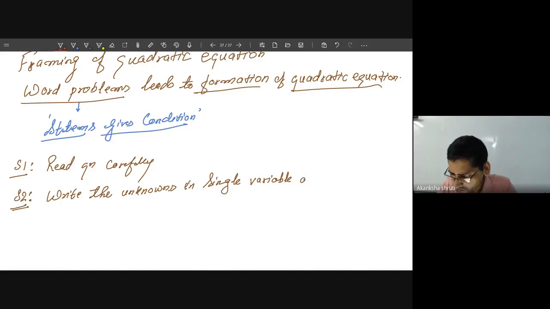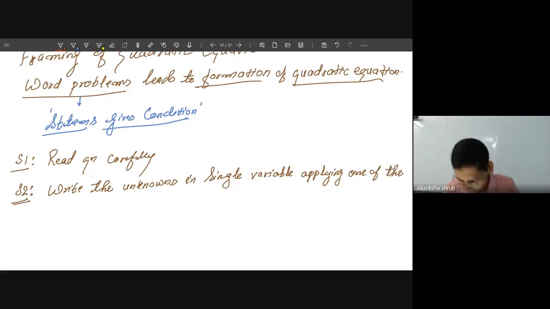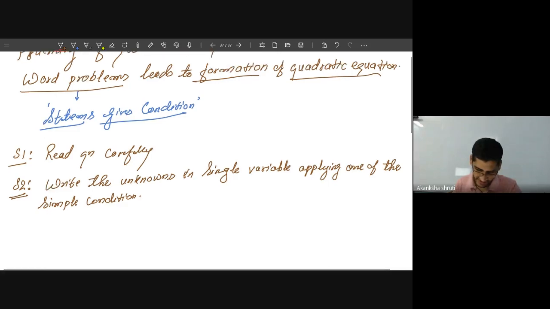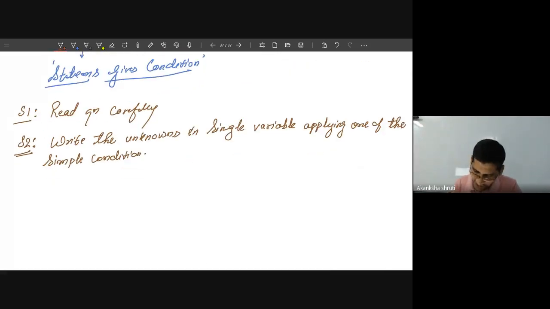Applying one of the simple conditions. How can we write this in the single variable? One of the conditions has to be applied. How is that? This we will see. Then there will also be two conditions. Step number 3: apply the other condition. Here we have assumed the single variable.